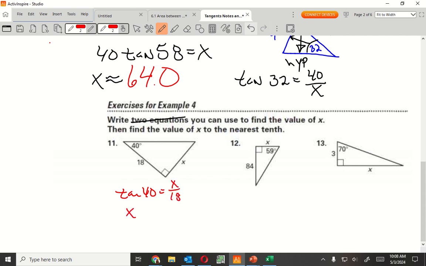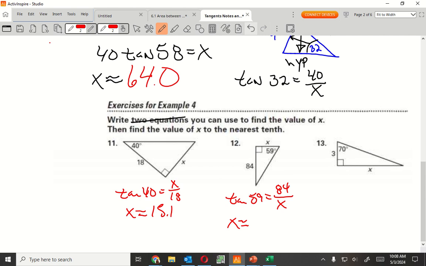So x is about 15.1. Okay. This one is going to be tan 59 is 7.84 over x.